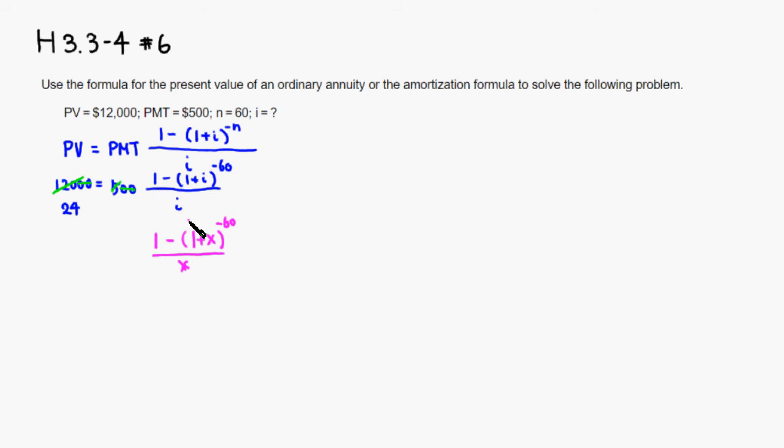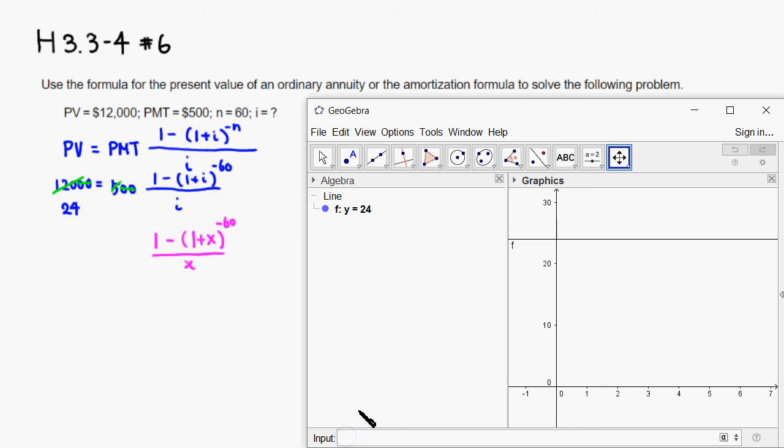All right, then I'm going to clean that up. All right, x, right? So let's type that in. So this is going to be y equals quantity 1 minus 1 plus x, raised to the negative 60 and divided by x, right?